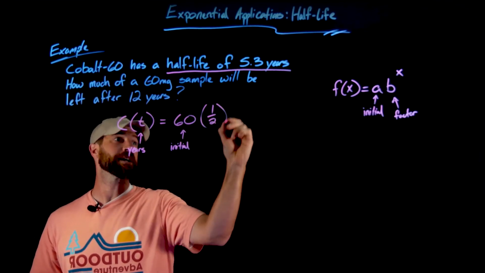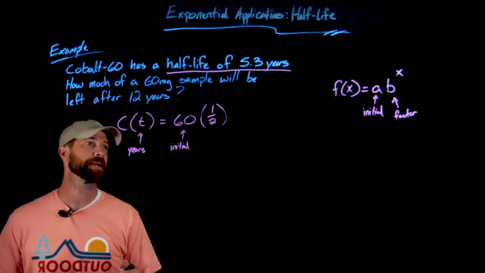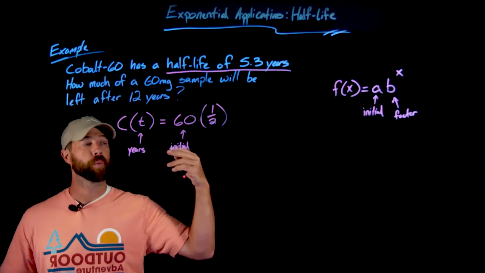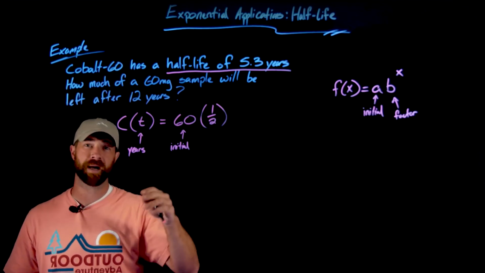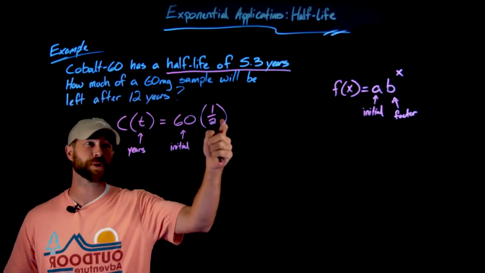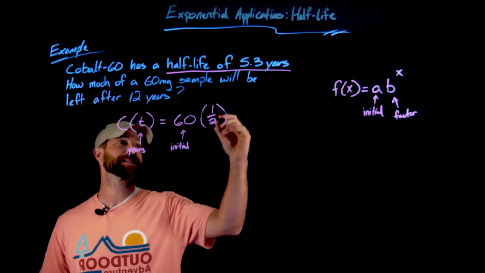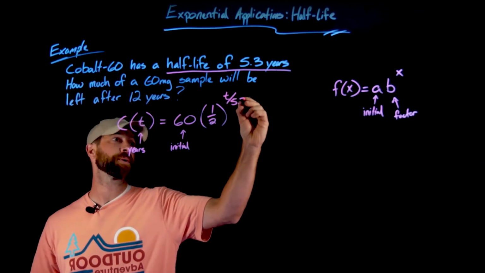The thing here, and this is a really important trick when you're setting these functions up, is that if I put 1/2 to the t right here, that will apply 1/2, or take 1/2 of my amount, every year, whatever I have t set to. But what I'm going to do in this case is write it as t divided by 5.3.